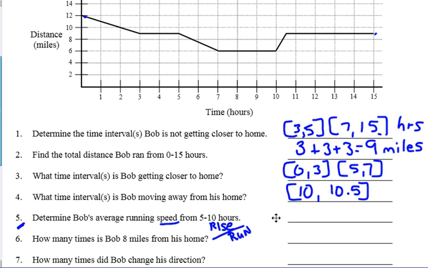Determine Bob's average running speed, so you just calculate the slope, and I'll show you where that is. We're going from 5 to 10, so from this point to this point, and you just take your rise over your run. Our rise was 3, and our run is 5.